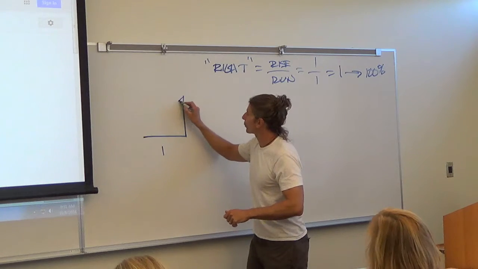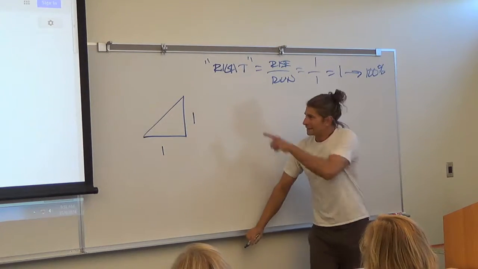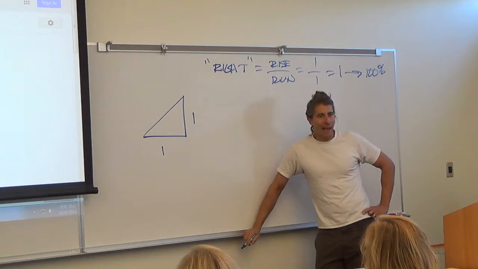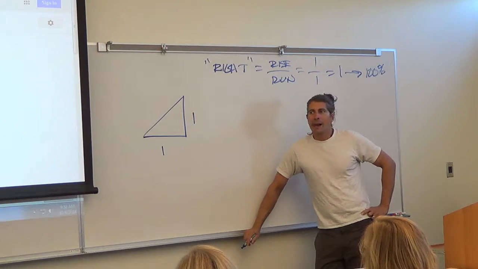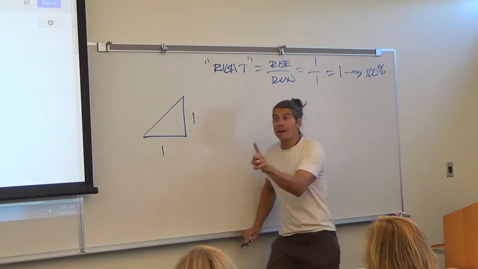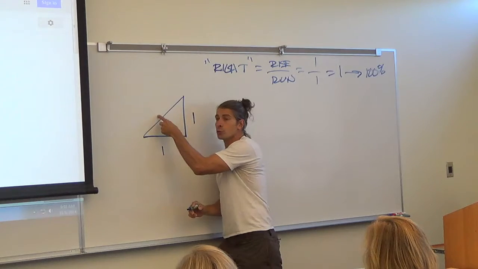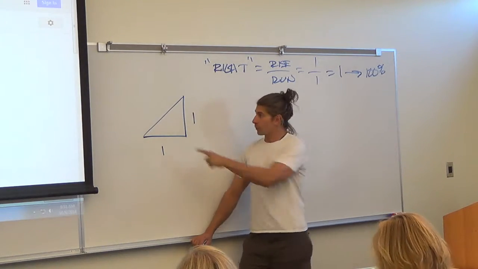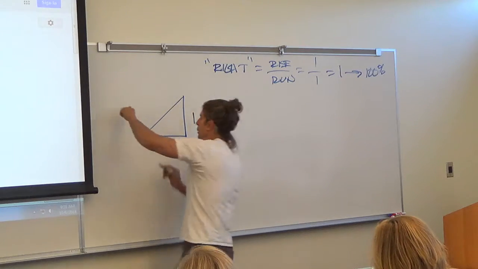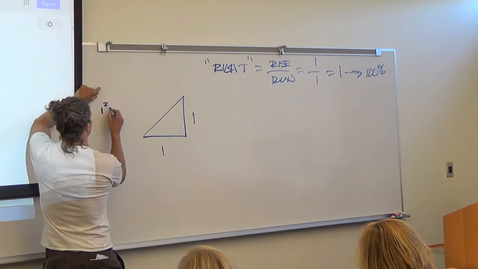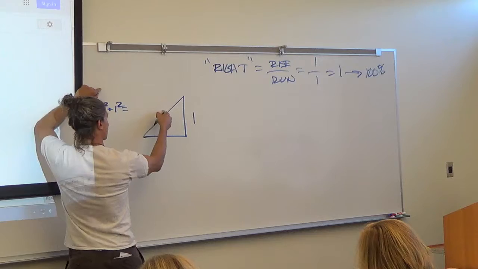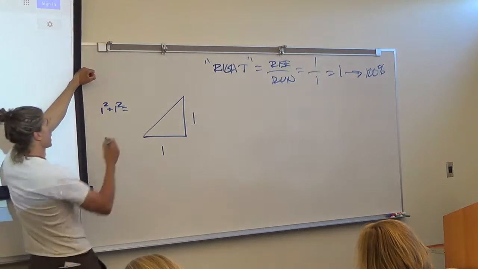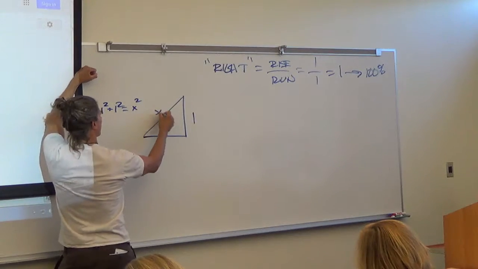Now, suppose you did it the wrong way. The grade the right way is still 1, but suppose you use the hypotenuse. The first thing you have to do is find the hypotenuse, right? So for this one you'd have to do 1 squared plus 1 squared equals x squared.